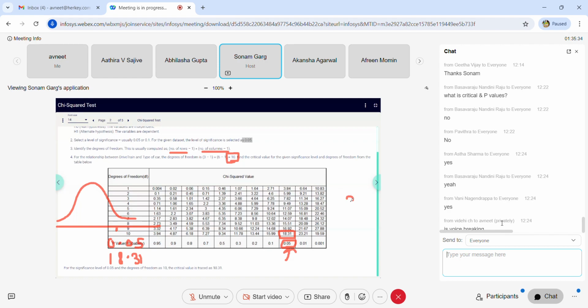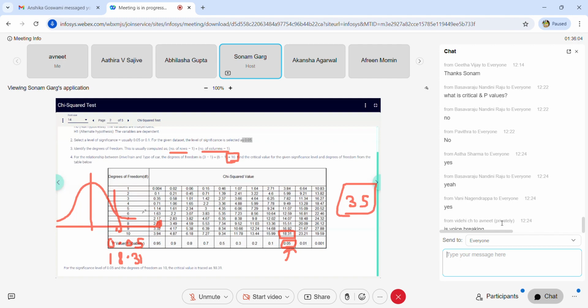If you remember, the chi-square test statistic was 35. If your test statistic comes less than 18.31, then only can we accept the null hypothesis. If it goes outside this range, 35 will be somewhere here.